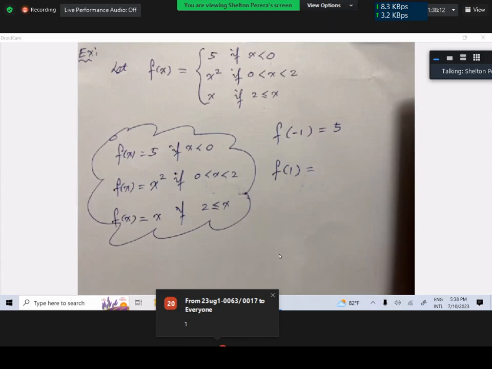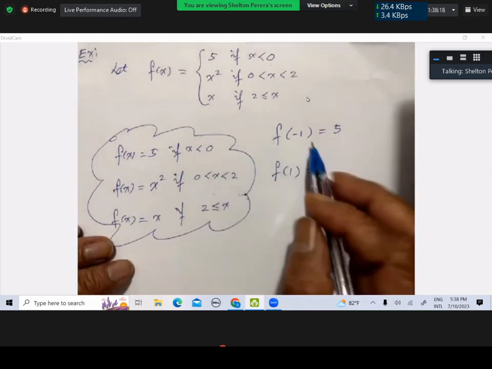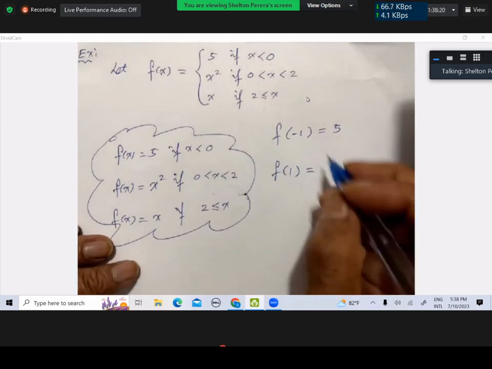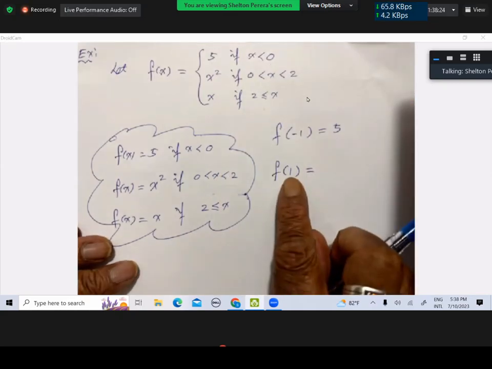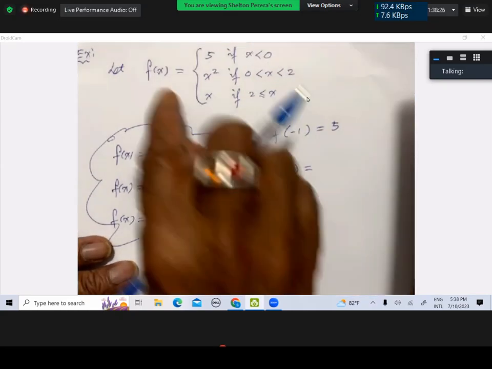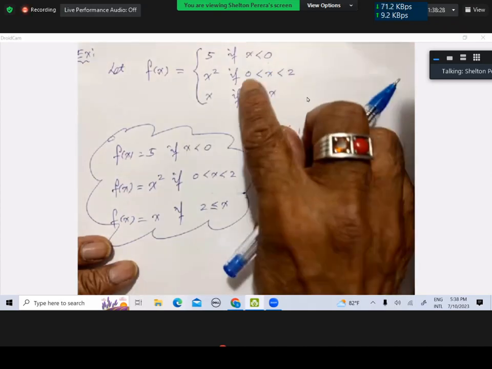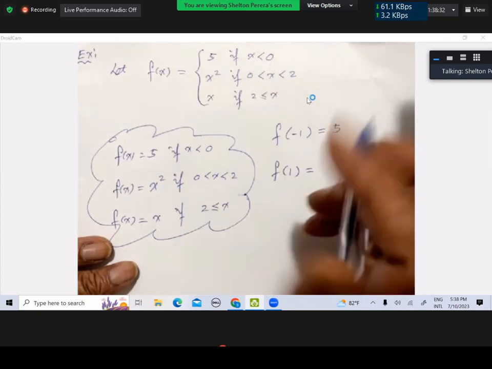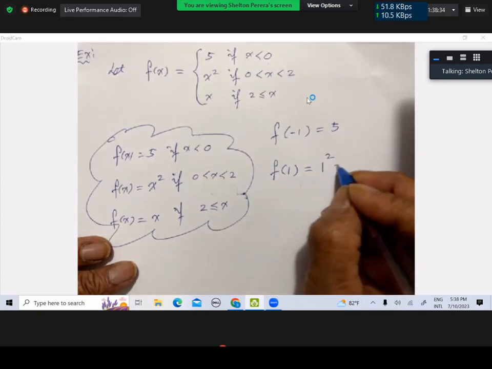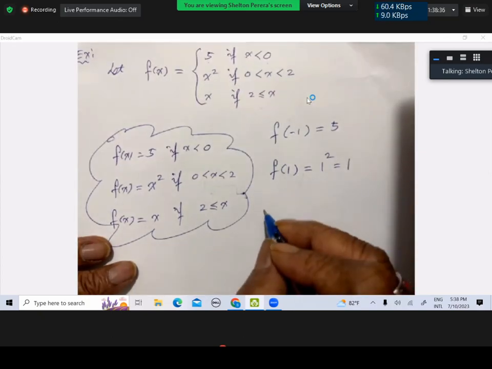That is 1. Very good. F of -1 is 5. F of 1, the input is between 0 and 2, so f of x equals x squared. So 1 squared. 1.